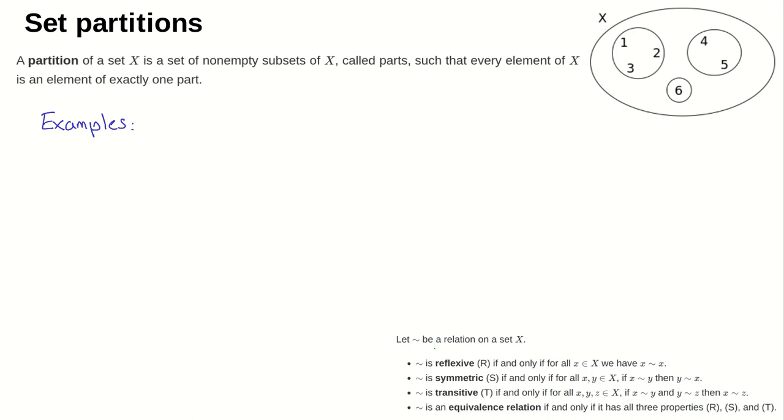So we'll start by thinking about the set of integers, and we're going to let O be the set of all odd integers. So 1, 3, 5, minus 47, and so on. And E will be the set of all even integers.